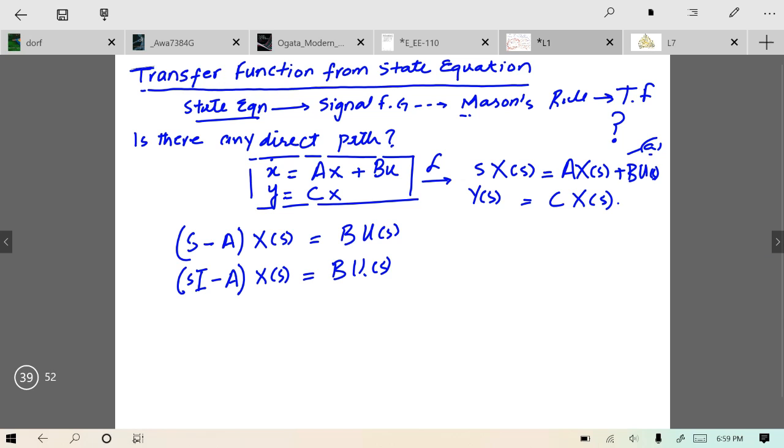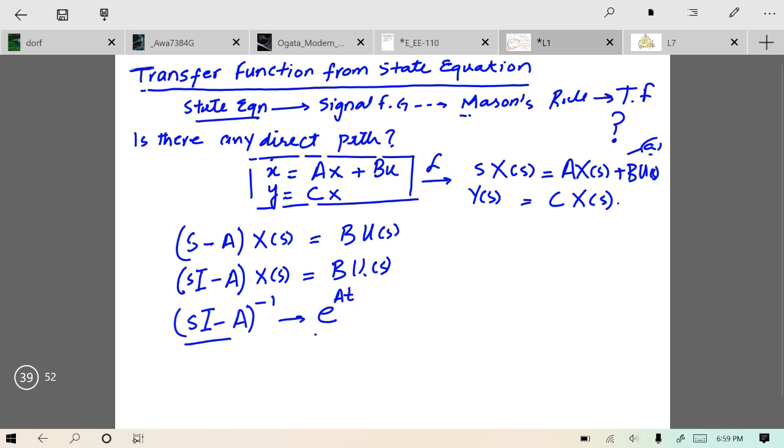Now this sI minus A is of special interest in control systems, in controllability, and in multiple other scenarios, because (sI minus A) inverse denotes e raised to the power At in the time domain.